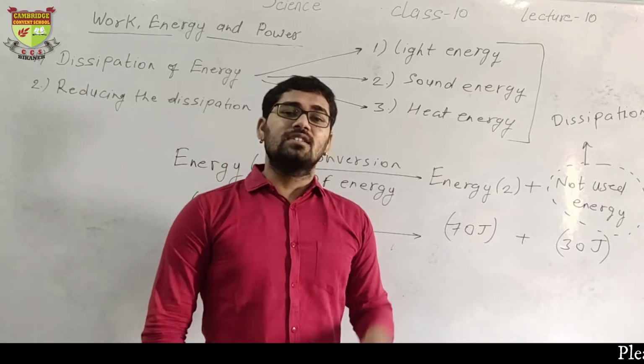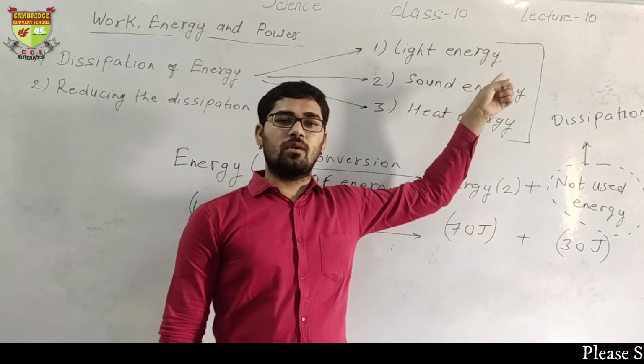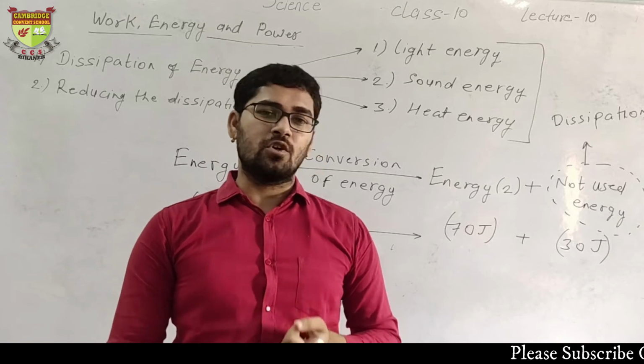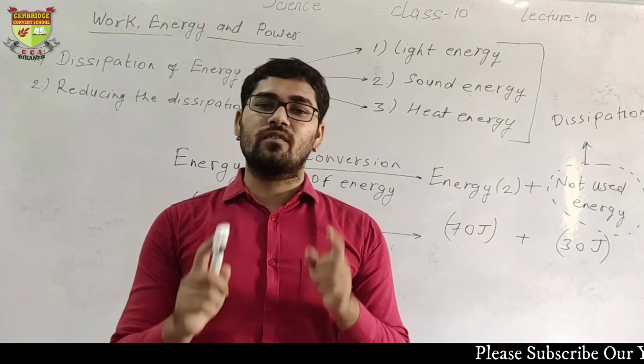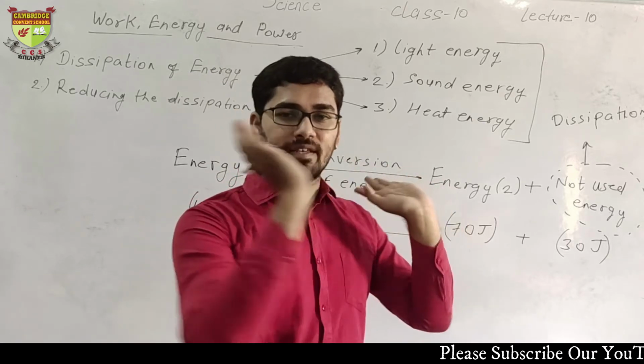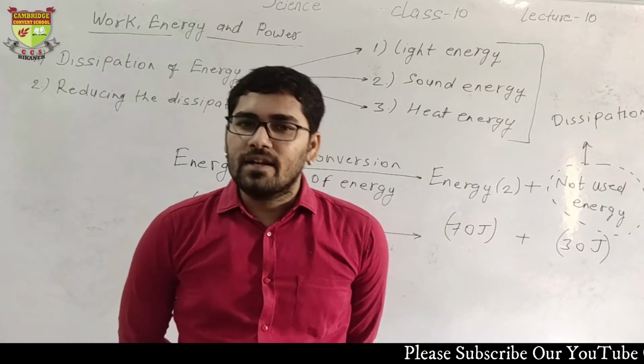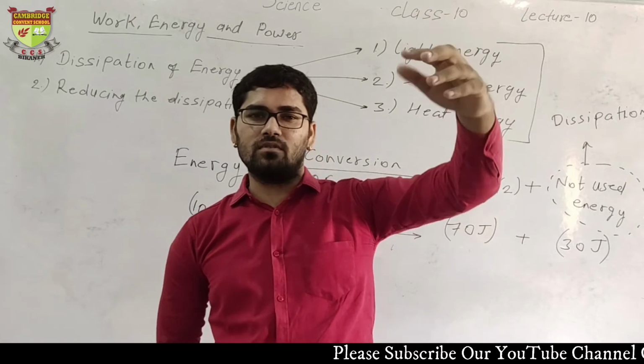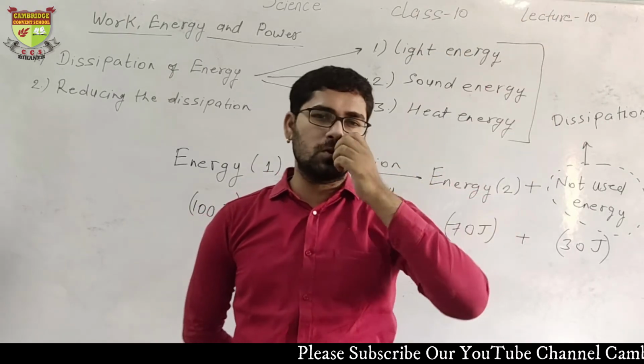Heat energy. Similarly, like the two above, there are some processes where heat is produced, but we do not have any use of heat at that particular place. Where can that happen? Take the example of your bulb, the traditional old bulbs.